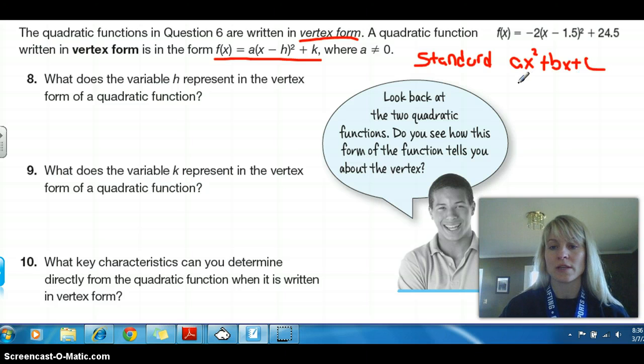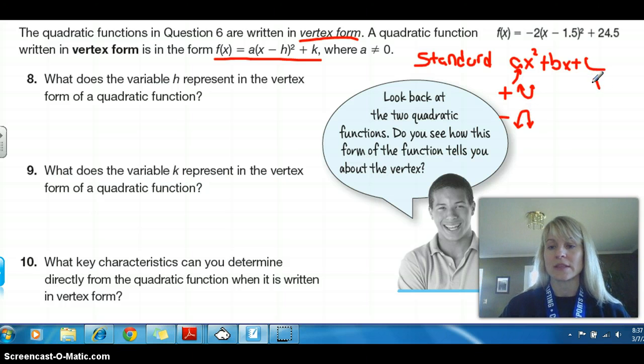And so far we know that if the a value, or the leading coefficient, is positive, that means the parabola is going to face up and the arrows are pointing in the positive infinity direction. We know if a is negative, the parabola is going to be facing down. Its arrows are going towards the negative direction. So think of negative, arrows pointing negative. When a is positive, arrows are going up, opening up, and opening down.